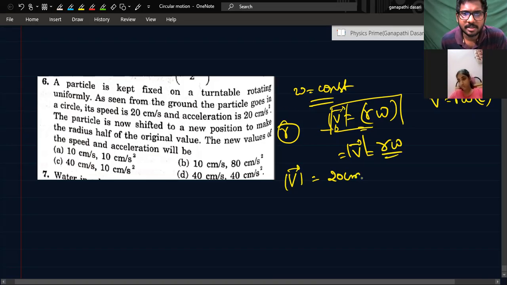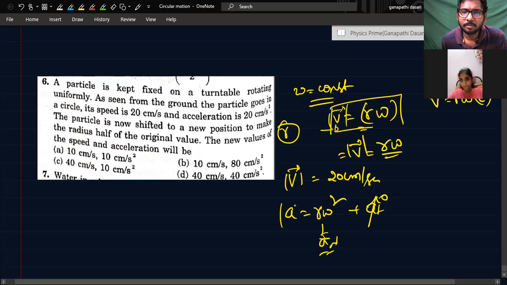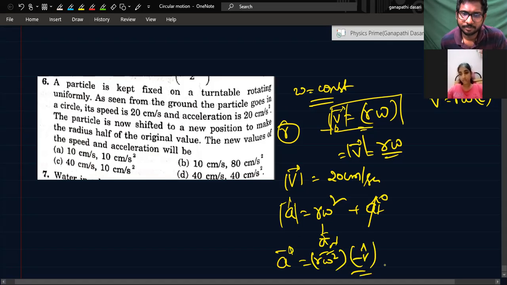Now the speed is given as 20 centimeter per second. Then the acceleration is asked. Here it is going uniformly, so the tangential acceleration at will be 0. There will be only a normal acceleration an, which is equal to r omega square in magnitude. If you want the acceleration vector, it is r omega square into minus r cap.